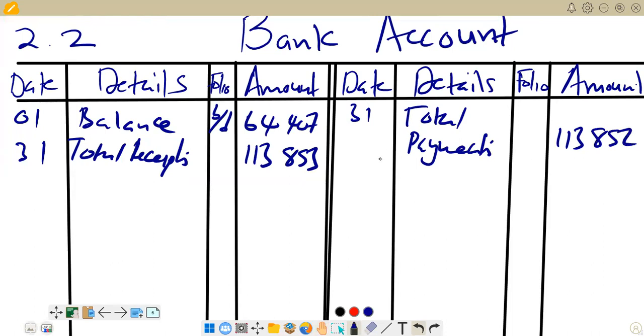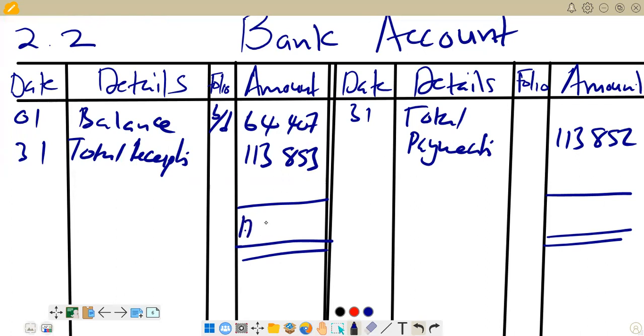And then from there now we can balance there. If you add the total of the debit and the credit, you see that the greater total is the debit side with a total of 178,260. Then we subtract what we have on the credit side, we are left with 64,408.